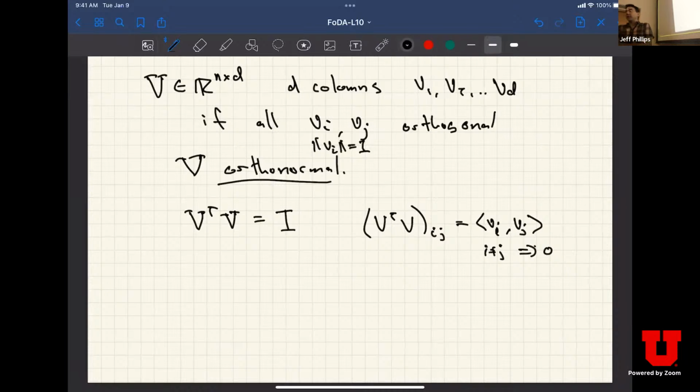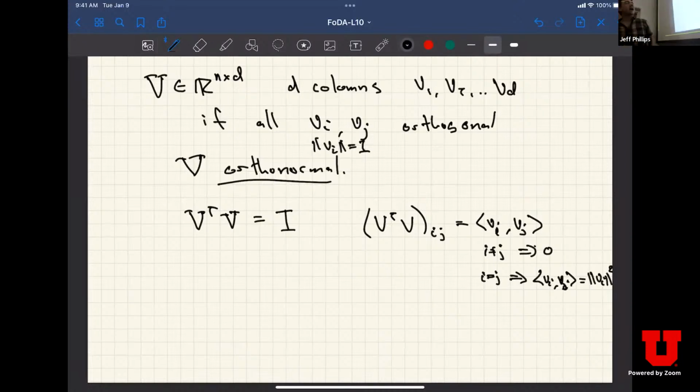So they're all normalized. So now if i equals j, this is Vi with itself. This is going to be equal to the squared norm of Vi. Remember, the dot product of a vector by itself is equal to its squared norm. And if it's normalized, the norm is 1, so the square of the norm is also 1.